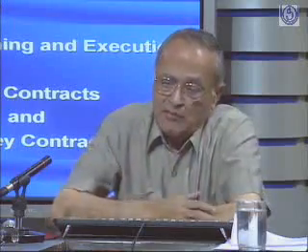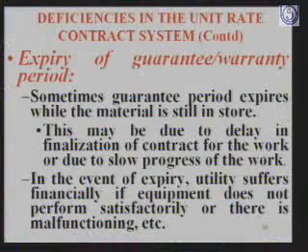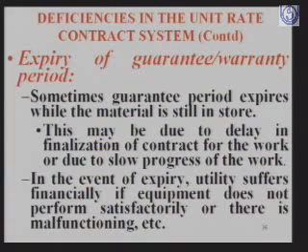The next is the expiry of guarantee and warranty period. The materials are received and stocked in the stores and not used because the project is delayed, or there is a delay in the finalization of the contract. In the meantime, the guarantee and warranty period of the equipment or the raw material, whatever is procured, expires.